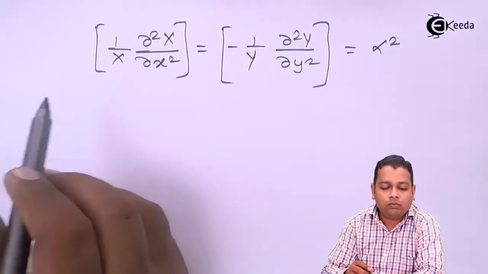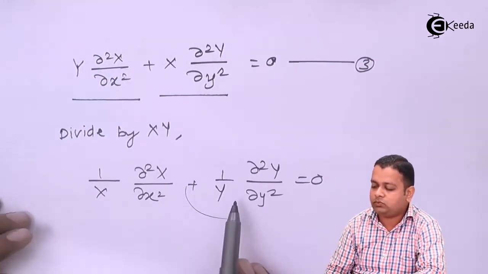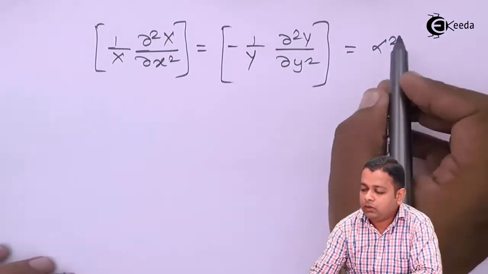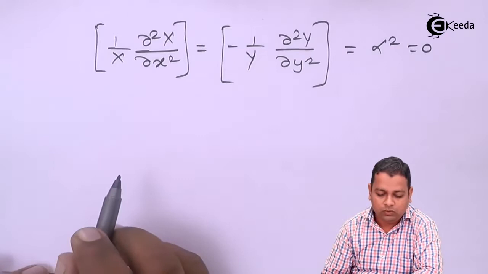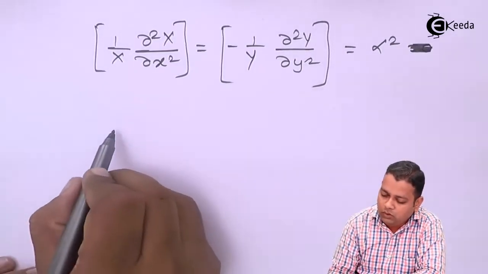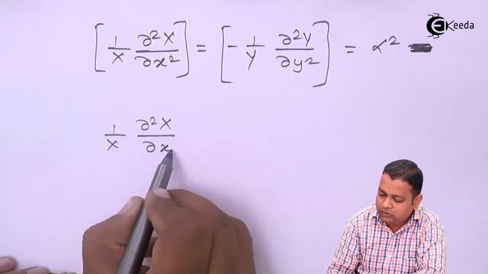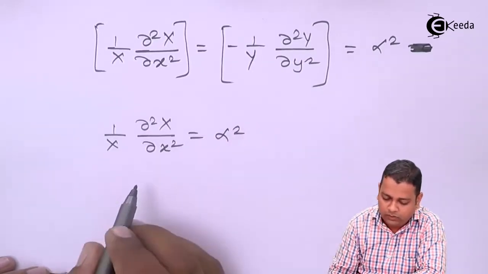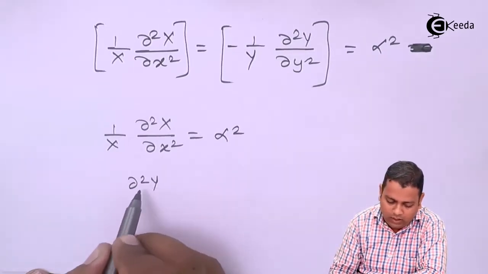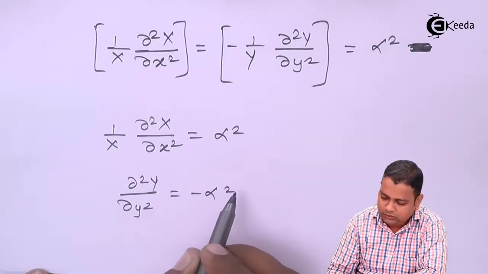Because from only one equation, after substitution of these terms by alpha square, we can obtain two types of equations. So 1 upon capital X del 2 capital X by del x square will be equal to alpha square, and 1 upon capital Y del 2 capital Y upon del y square will be equal to minus alpha square.